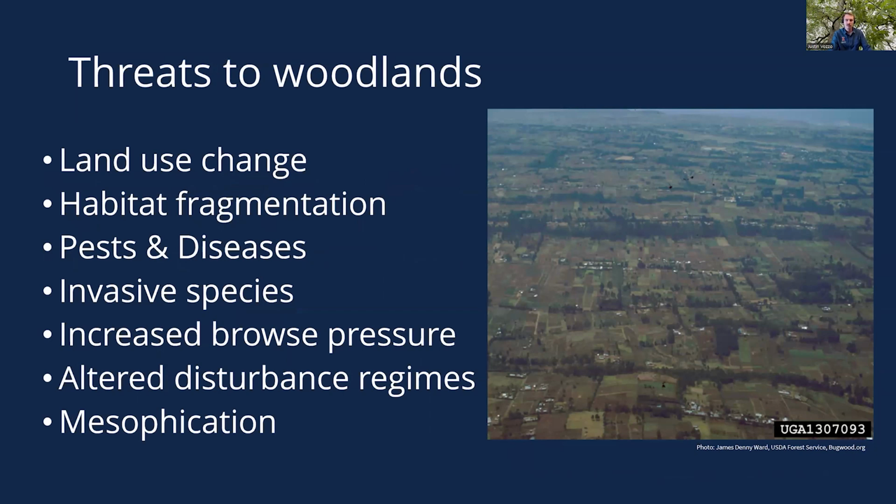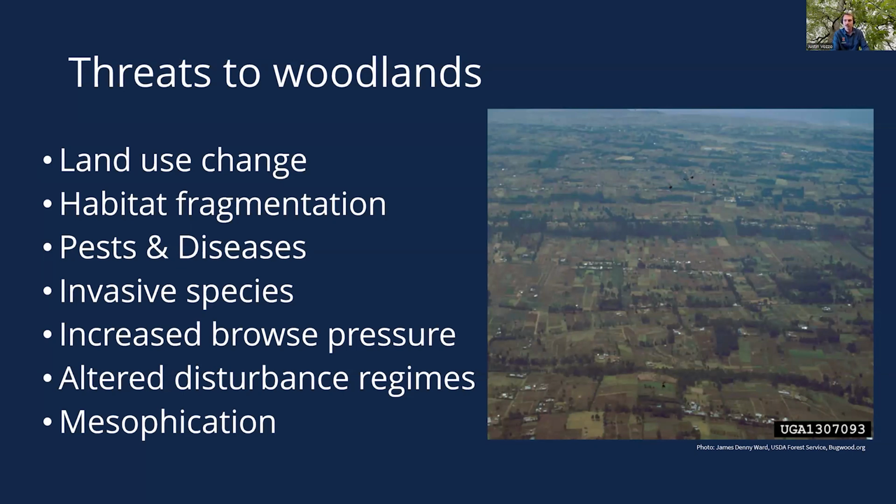So what are some of the threats to woodlands that we face in the modern day? We still have a lot of land use change, maybe not necessarily in Illinois, but across the globe, there's a lot of deforestation that still happens. There's habitat fragmentation, which is definitely still a problem in Illinois.